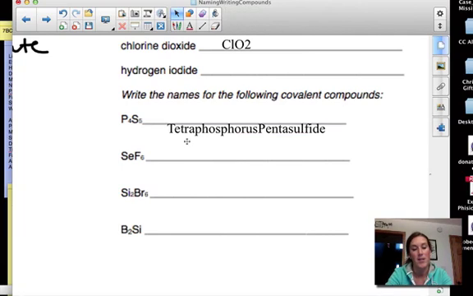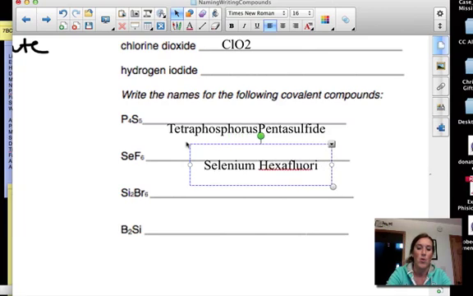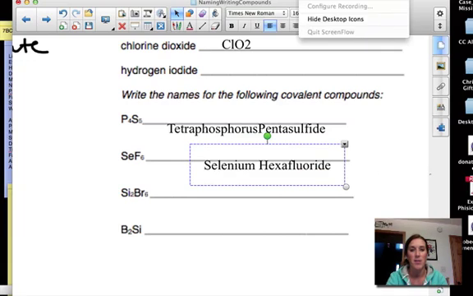The next one, Se, is selenium. There's only 1, so since it's the first element, we do not need to say monoselenium. And then F is fluoride. 6 is hexa, so hexafluoride. Go ahead and try the next. This completes the round 2 of naming and writing compounds.